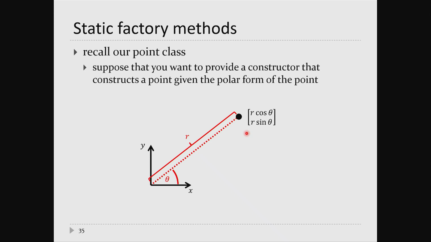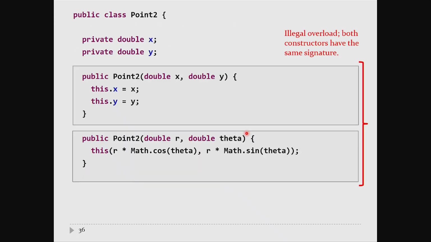No big deal. Now, the problem is, if you wanted to insert a constructor into the Point2 class that lets you create a polar point, you have a problem. The first constructor is our existing constructor. It's the one that takes in the coordinates of the point. I now want a second constructor that lets you create the polar form of the point.